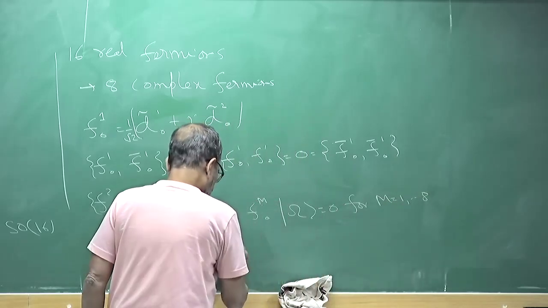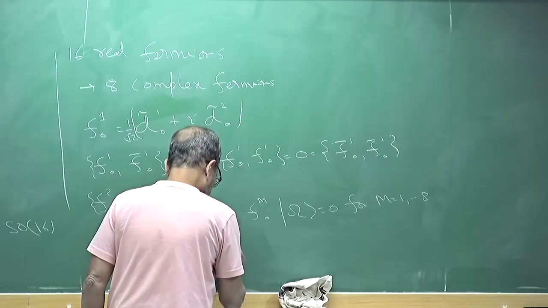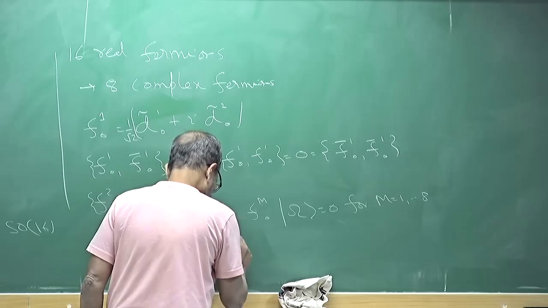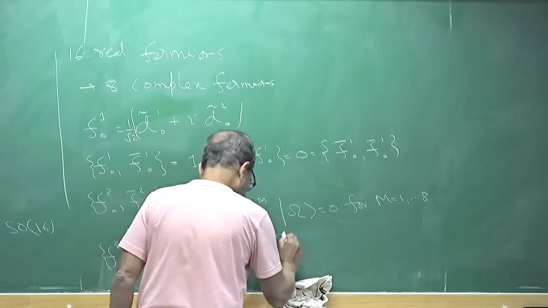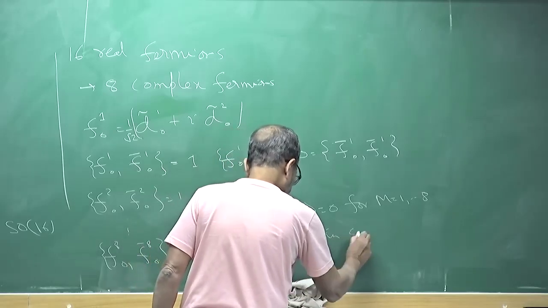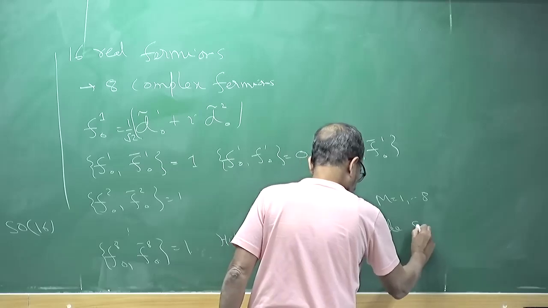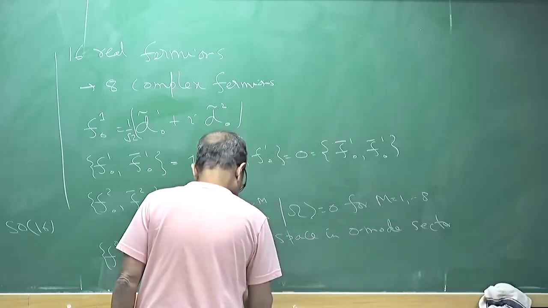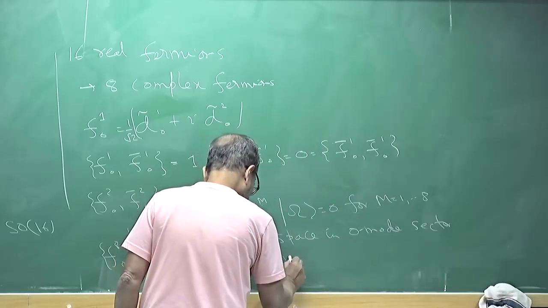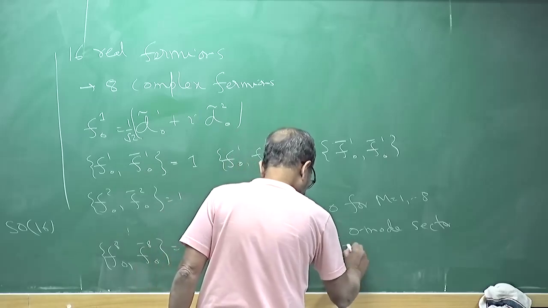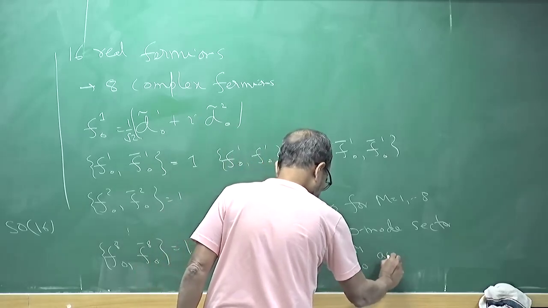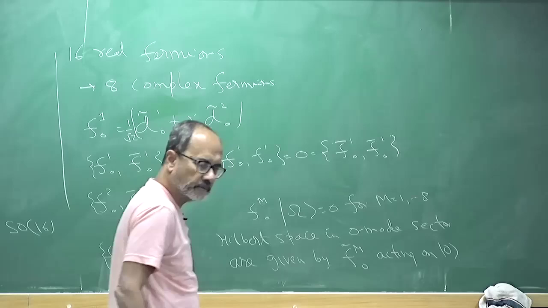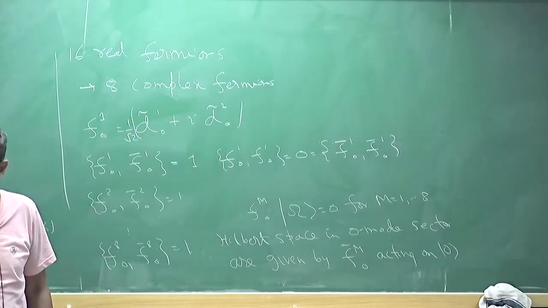And then the Hilbert space in the 0 mode sector is given by F bar m 0 acting on omega.